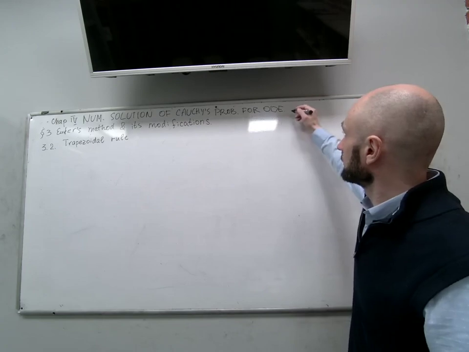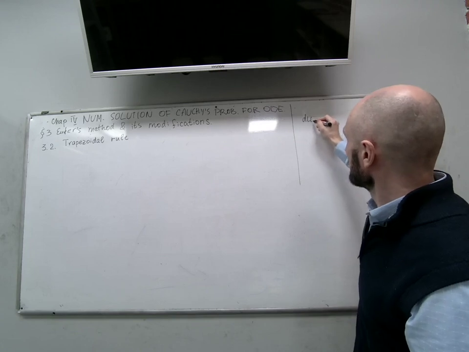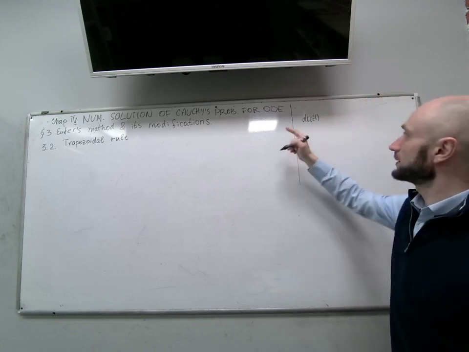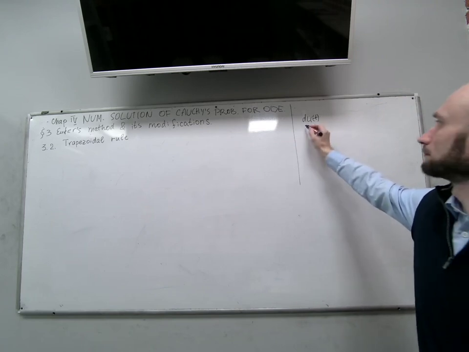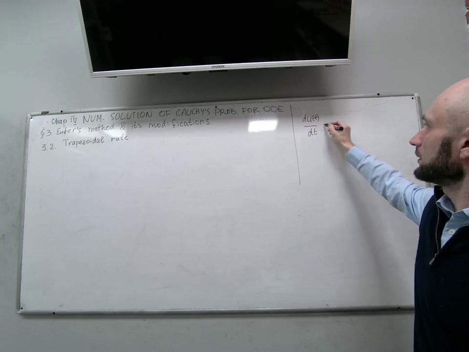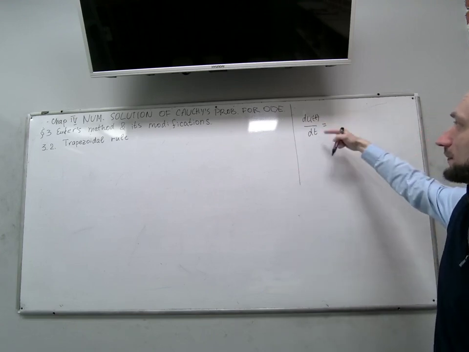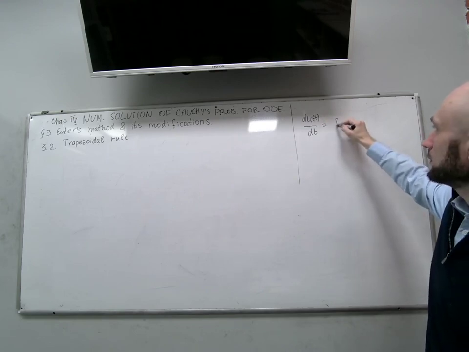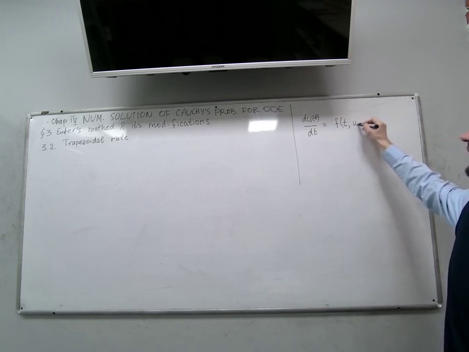Let's review what the ordinary differential equation means. Suppose we want to find some function u depending on time, and the equation that defines it reads: the first derivative of u by time is equal to some function f of t and u.